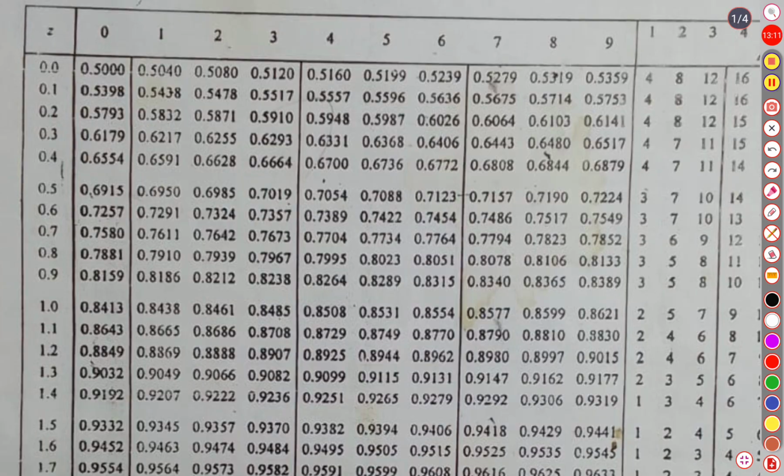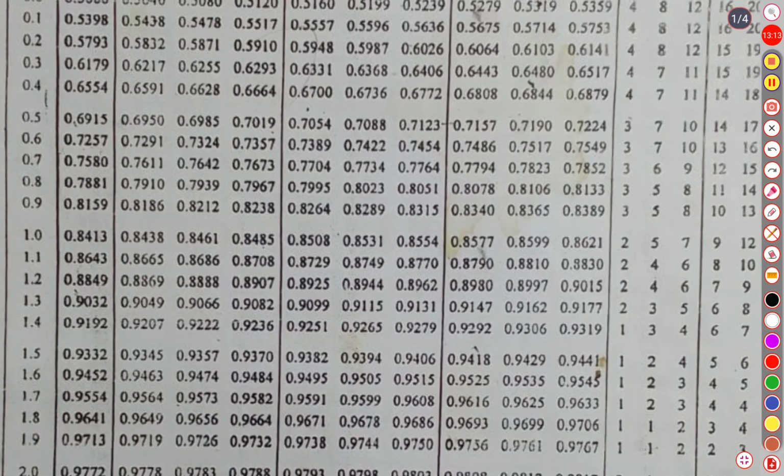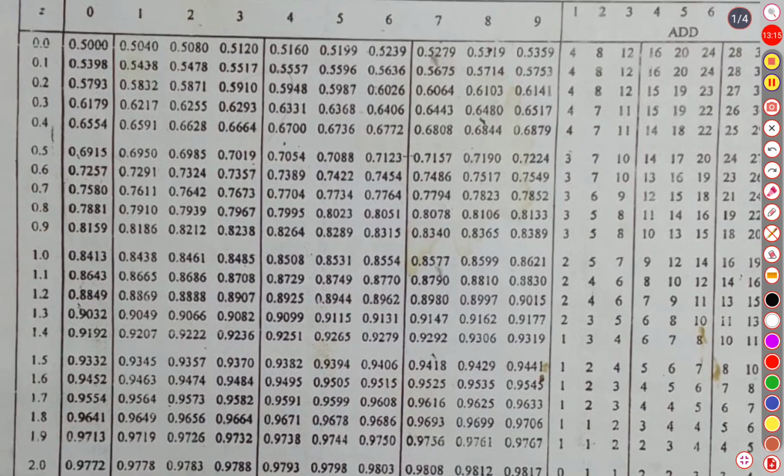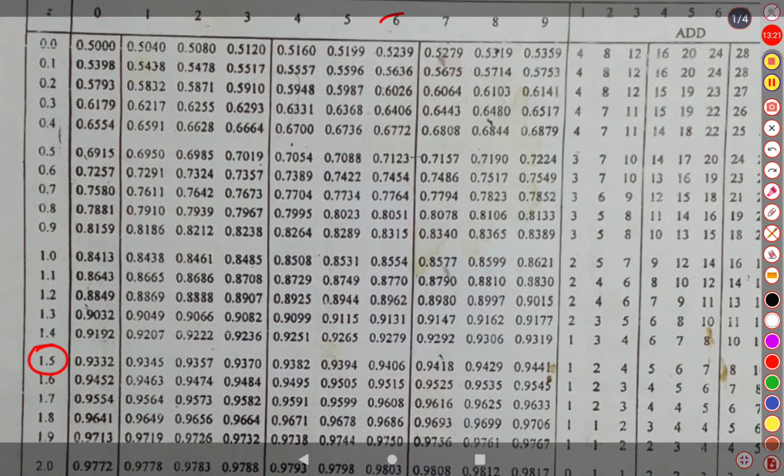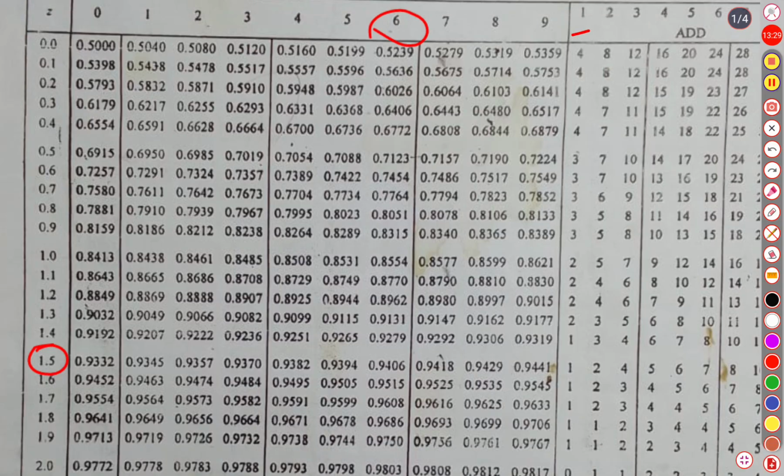Here is our 1.5. Okay, 1.5 is over here. Then 1.5, then 6, as well as this is the first column, 6, then 1 is over here.